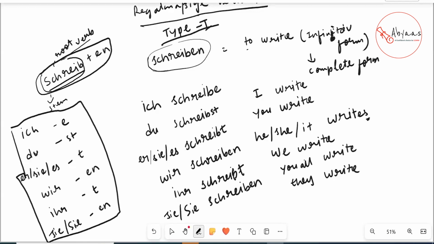What you need to do? You just need to separate en. In the case of English, we are just removing to from the infinitive form. But in the case of German, we are removing en. We are just separating en and we are taking this root verb common for everything. After that, we are adding certain endings. These endings are common.